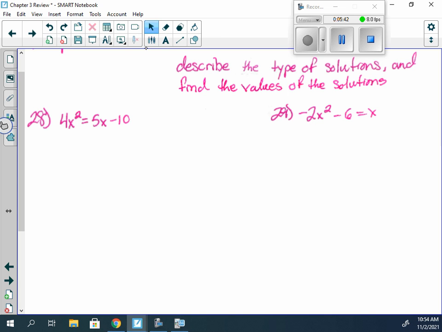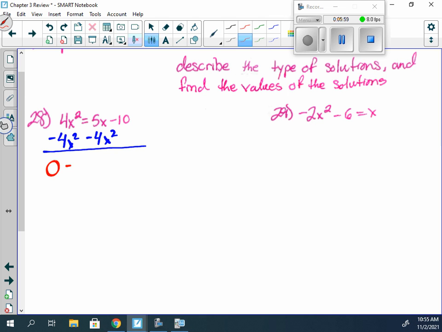So if we look at 28, we still need this equal to 0 so we can know the correct signs for A, B, and C and their actual values. So the first thing we can do is actually subtract 4x squared from both sides. And what that'll tell us is that 0 is equal to negative 4x squared plus 5x minus 10.